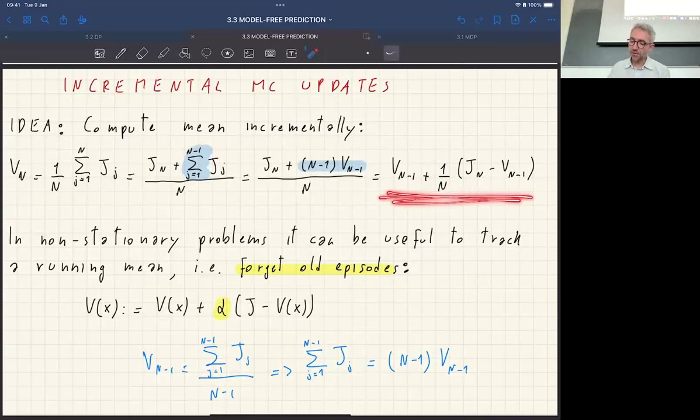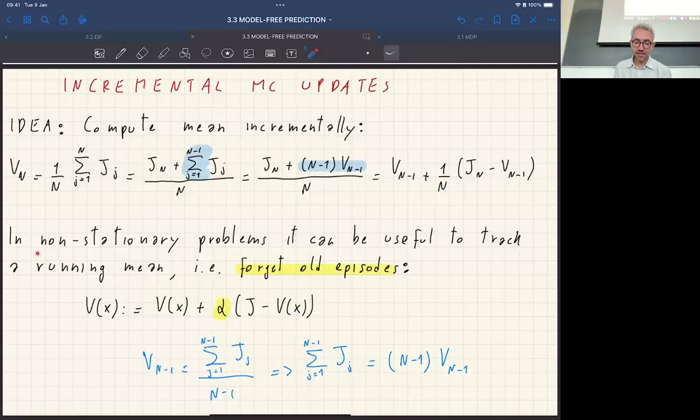This is an interesting form for Monte Carlo to observe, because it's going to be very similar to the update law for the next method we're going to discuss, which is temporal difference learning. And so it allows us to compare Monte Carlo and temporal difference in a more direct way.